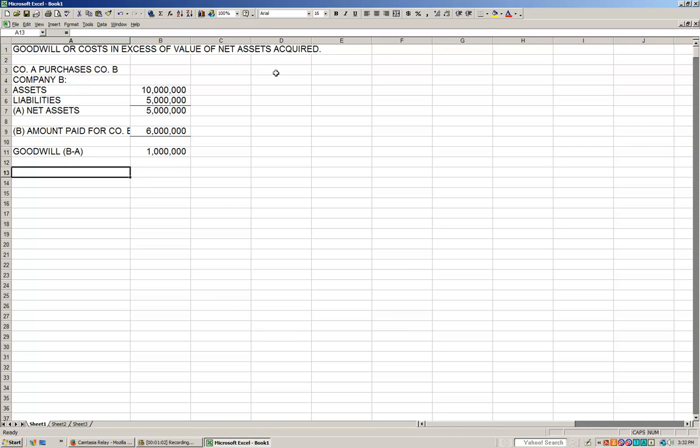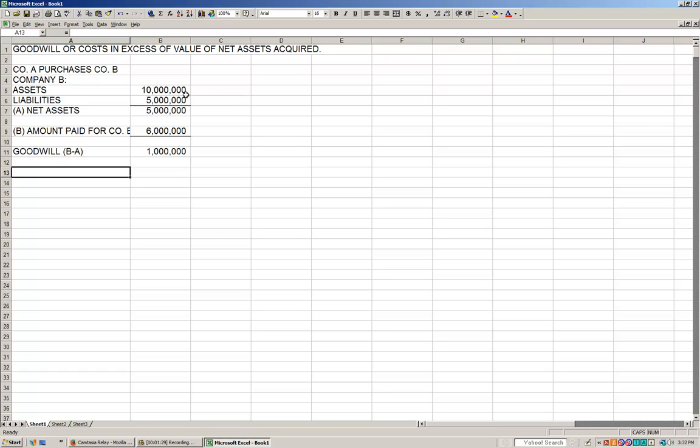So for purposes of illustration, let's assume that company A purchases another company called company B. And company B has assets of $10 million. It has liabilities of $5 million. And thus net assets, which is simply assets minus liabilities, are valued at $5 million.